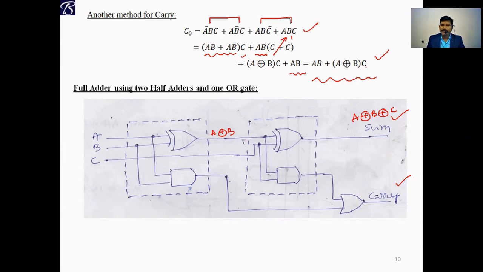This C, this is AB. AB means this AND gate. This is AB we will get. Here A XOR B into C. This is C. That is multiplication and operation. Here A XOR B into C. If you take this and OR gate, you will get a carry.